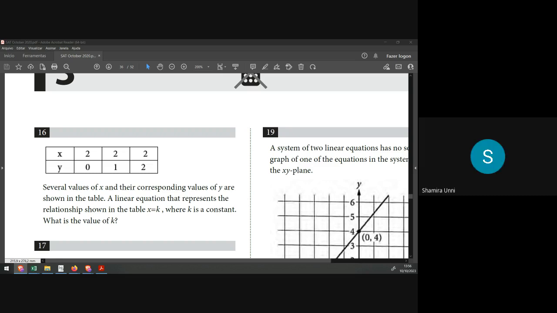But we have a problem here because y changes. We have 0, 1, 2, y changes, but x is always the same thing, okay? Where k is a constant. What's the value of k? K is 2 because x is always 2, okay?